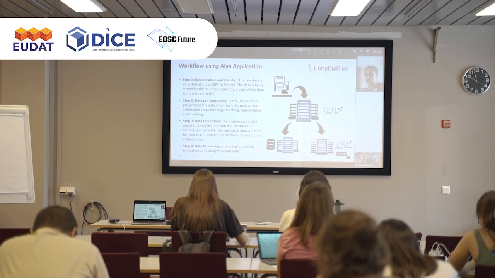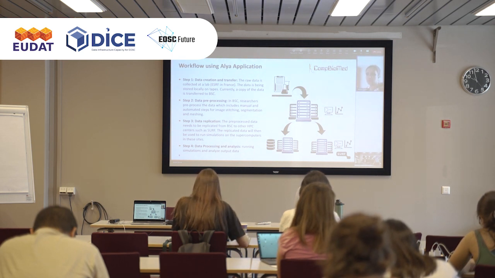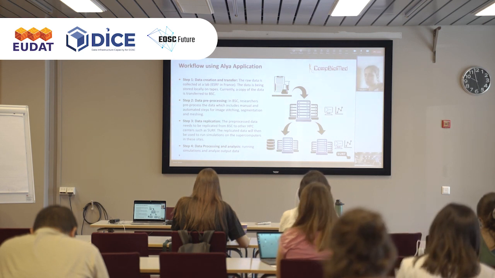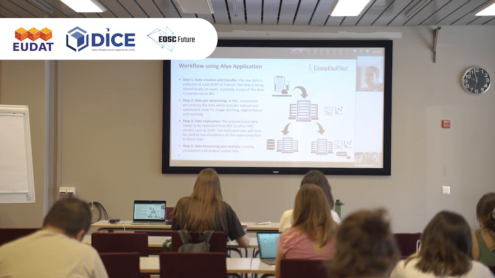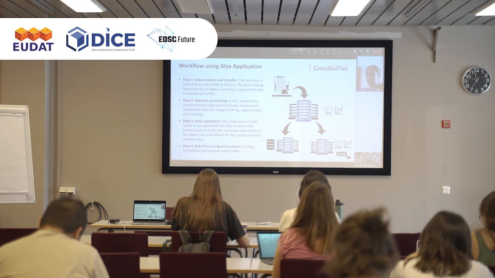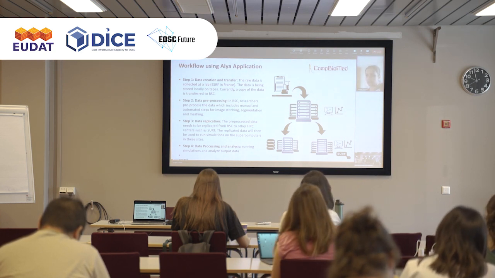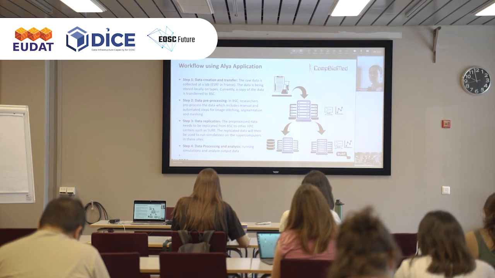We have a replica or copies of data in SURF or in other HPC centers that are involved in the project. And also you would get access to researchers in those centers who also use the data. So we needed to replicate the data from BSC to other HPC centers such as SURF.